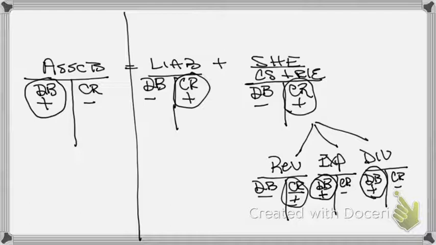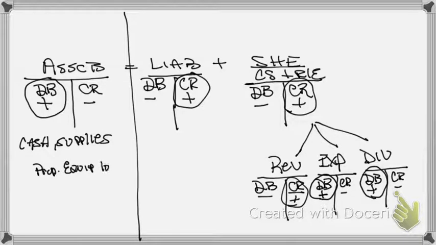The other thing that I want to show you here, before we go back to the slides, is that the assets we've talked about so far, we've talked about cash, supplies, we've talked about property, equipment. We've even talked about a logo.